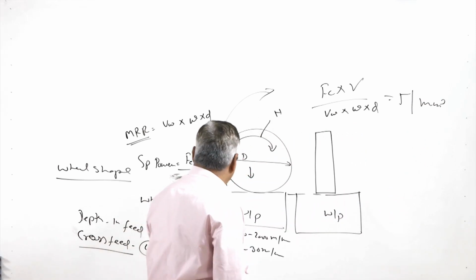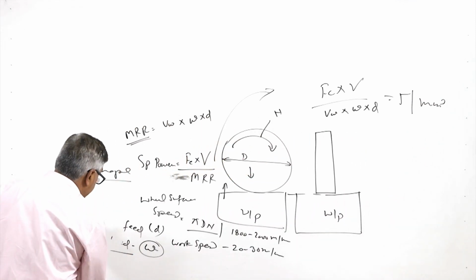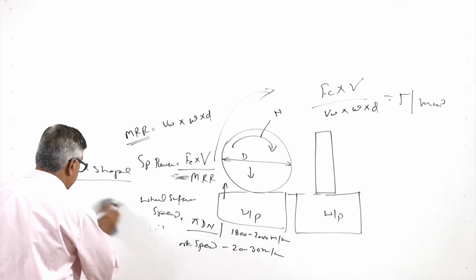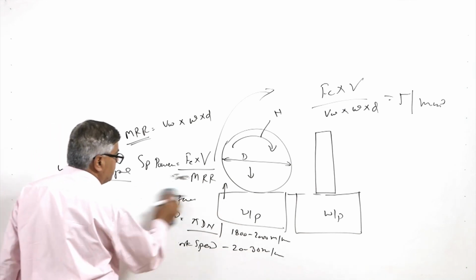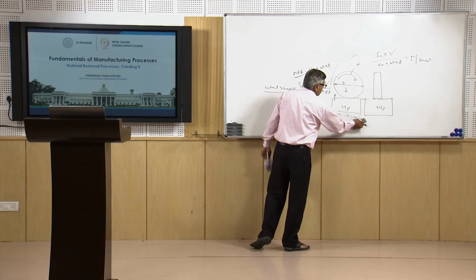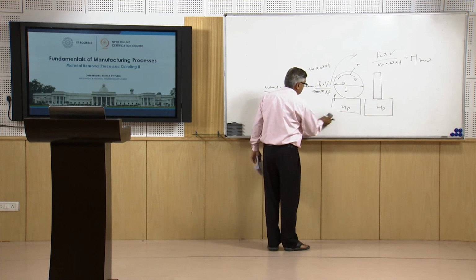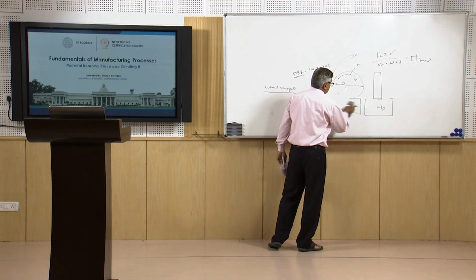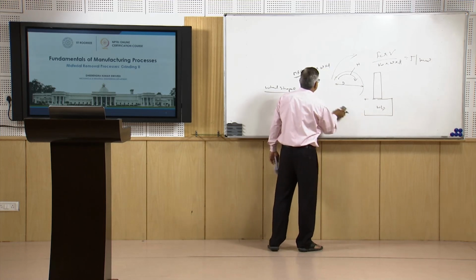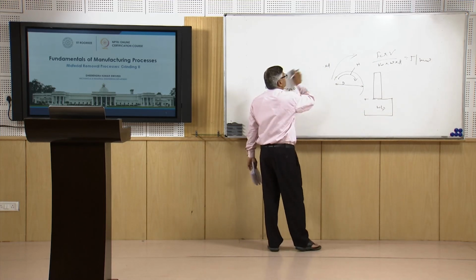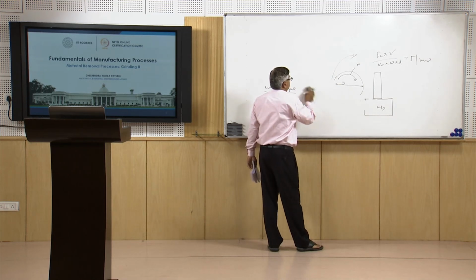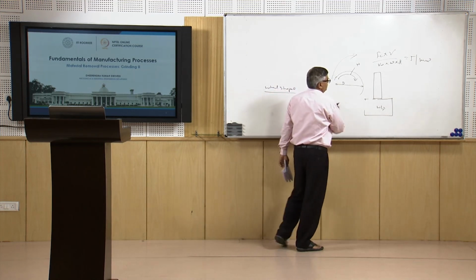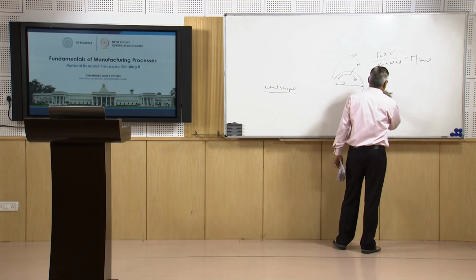So, if we calculate the specific energy for grinding, it comes out to be extremely high, higher than the conventional machining like the milling process. So, we will try to look for what are the reasons behind the high specific energy for the grinding wheel as compared to that of the conventional milling or machining processes.